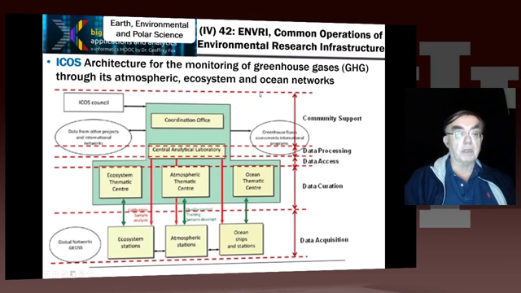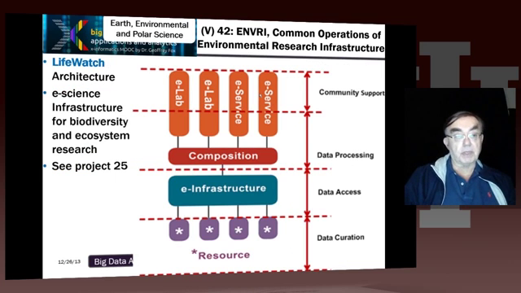So this is really not a system architecture, but a project architecture, how the different components are linked together. LifeWatch, we discussed earlier, and again, this is a pretty generic discussion about how the processing and the community and the curation are linked together.